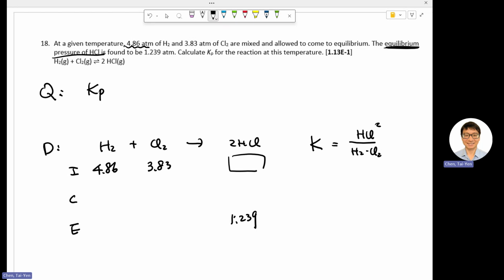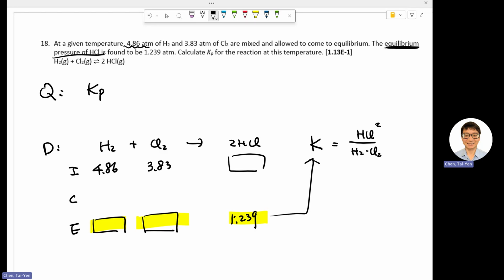Okay, and in order to calculate your K, that means you want to get this value and this value, so you can use these three values to compute your K, right? So that's the logical flow. Okay, so how do you go from the I to E?